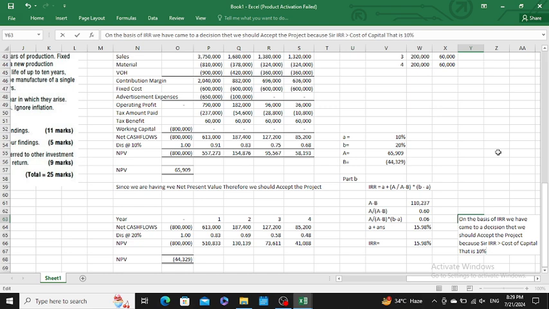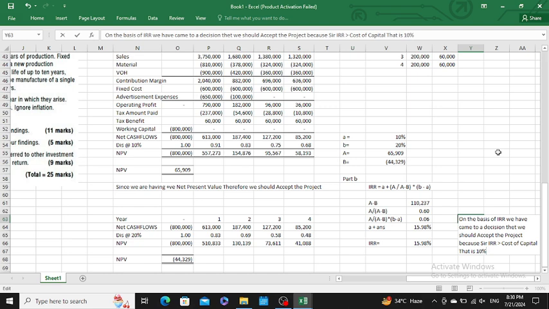I think that we should accept the project on the basis that our internal rate of return of 15.98% is greater than our cost of capital of 10%. So you should accept the project. It is viable for you to make investment in the 4-year appraisal project. Hopefully, sir, you have understood our part number 2.